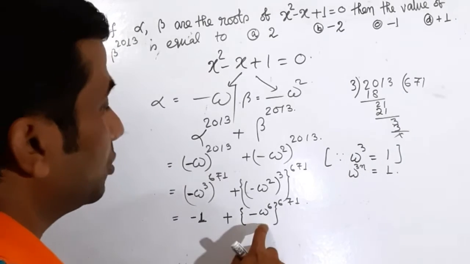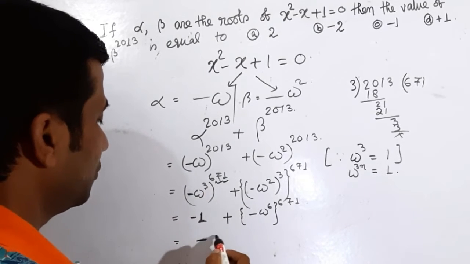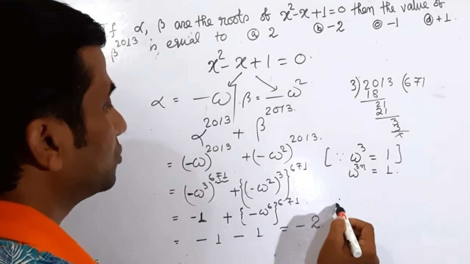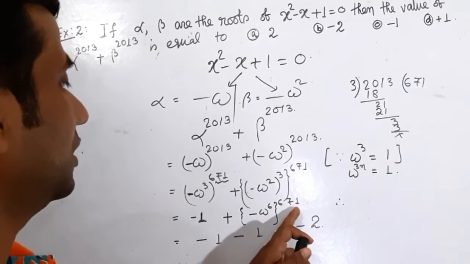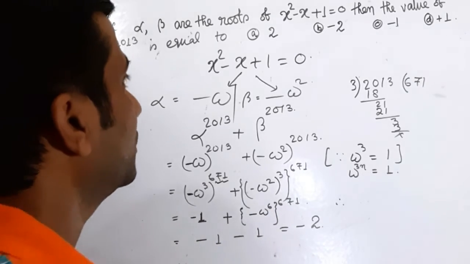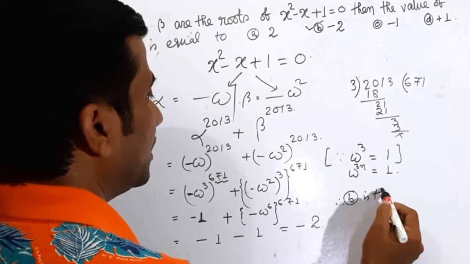That means this is also 1, and this is an odd number, so we get minus 1 minus 1 is equal to minus 2. So this is an odd number, so minus 1 to the power 671 is minus 1. So what we get? B is the correct answer.